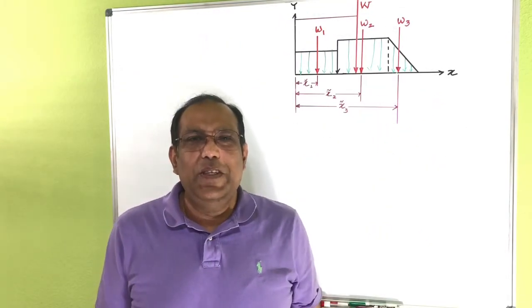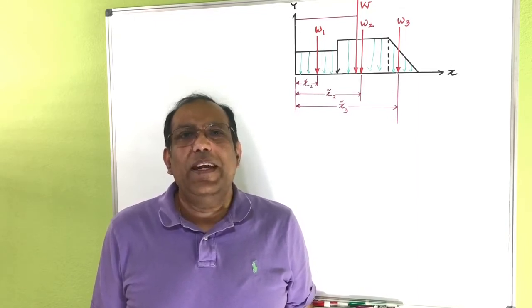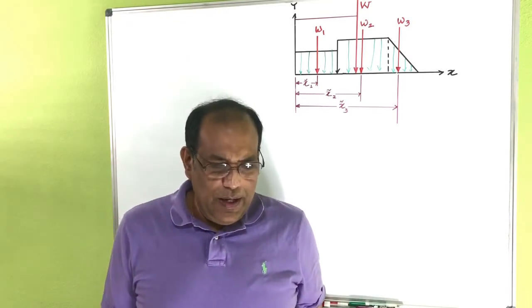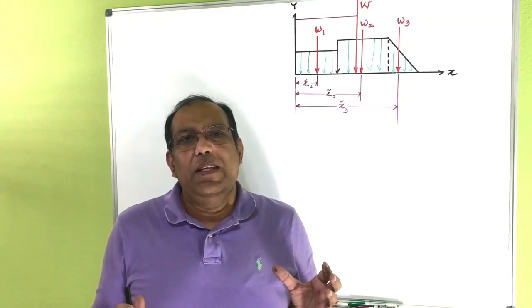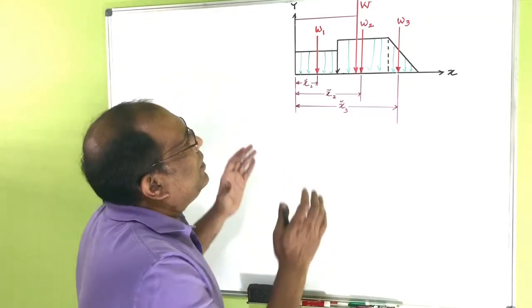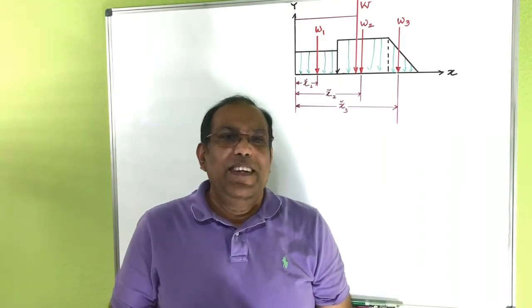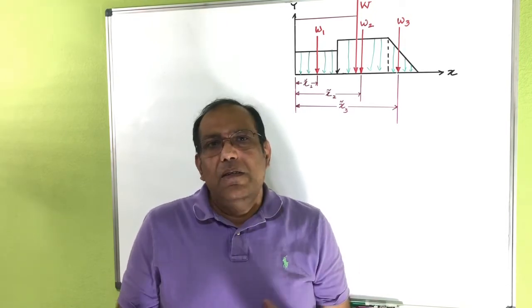Now we are going to discuss composite body or composite loading. Composite loading or composite body means this consists of some regular shapes, rectangle, square, or semicircle, circle.